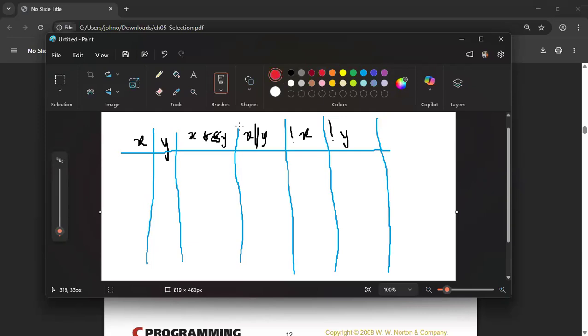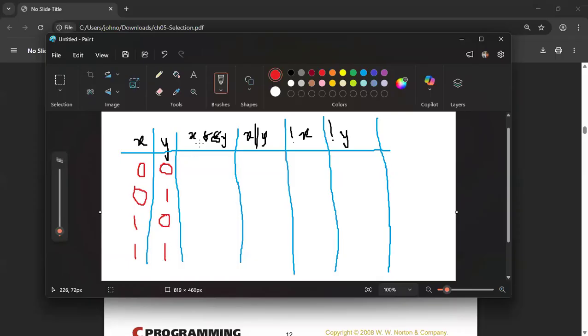All right. So we said for x, we could have 0, 0, 1, and 1. And here we would have 0, 1, 0, 1.